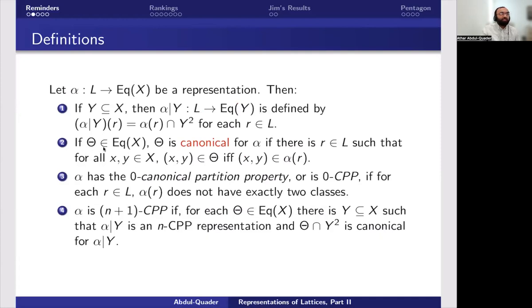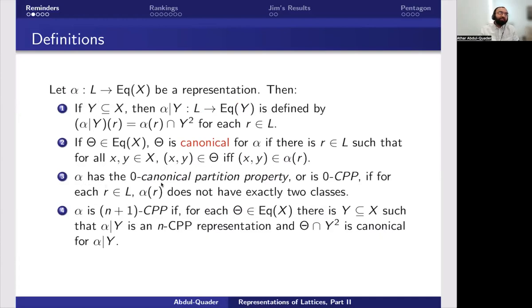An equivalence relation theta is canonical for a representation alpha if there's some R where theta is exactly equal to alpha of R. The idea is that we take a representation alpha and an equivalence relation theta, and we find some subset Y where theta is canonical for alpha restricted to Y.